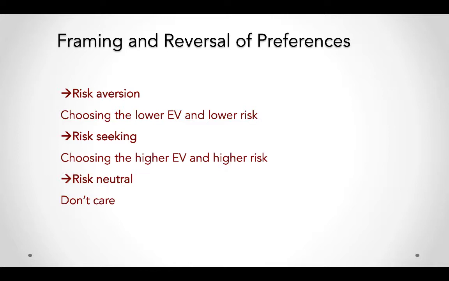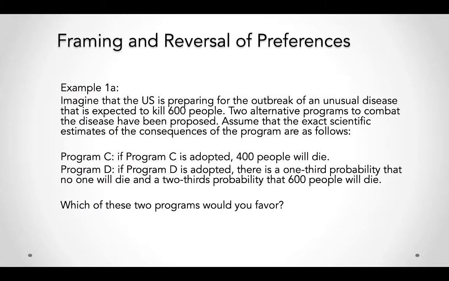Now the important part is this, because these preferences of risk change based on the situation. So let's go on and you'll see what I mean. The next example, very similar to the first one, is that in this case of an outbreak of an unusual disease that is expected to kill 600 people, we have now programs C and D. If we go with program C, 400 people will die for sure.